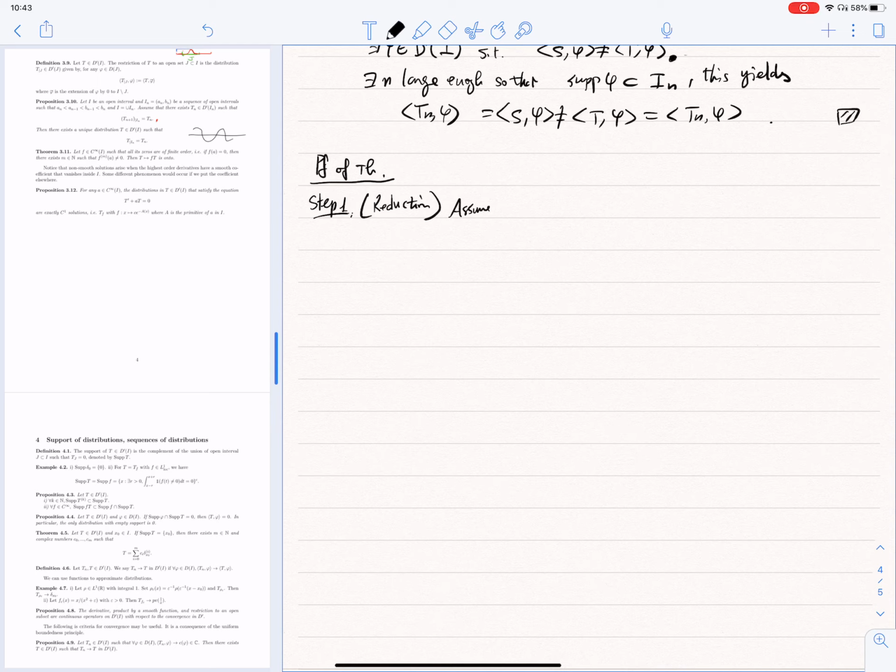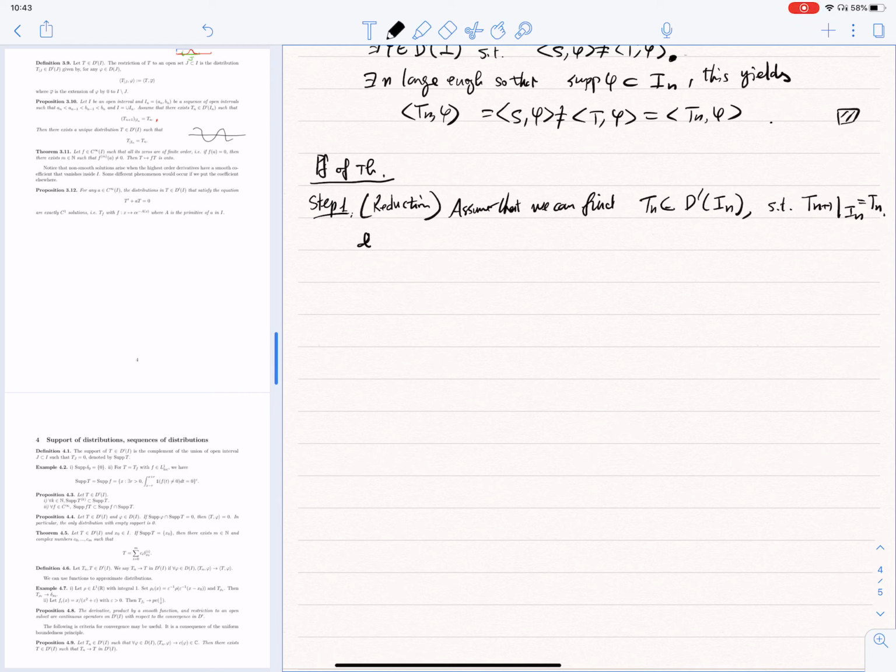Assume that we can find a sequence of Tn. So these are all distributions, each of them on In, as defined before, such that Tn+1 restricted to In is Tn.